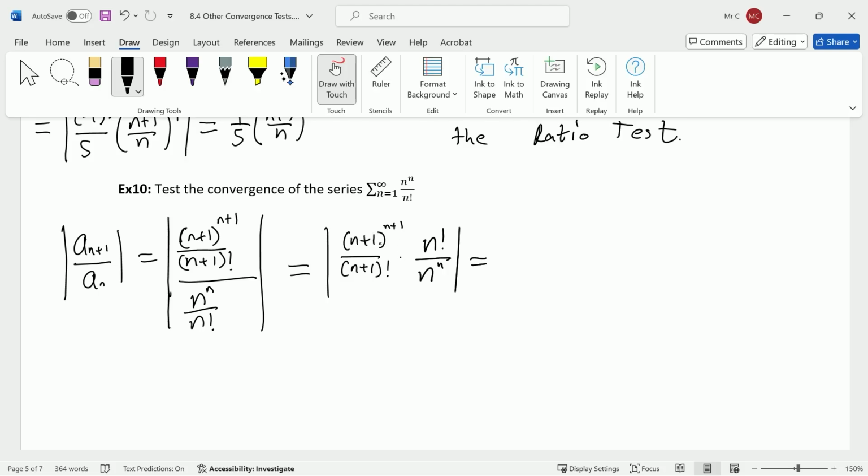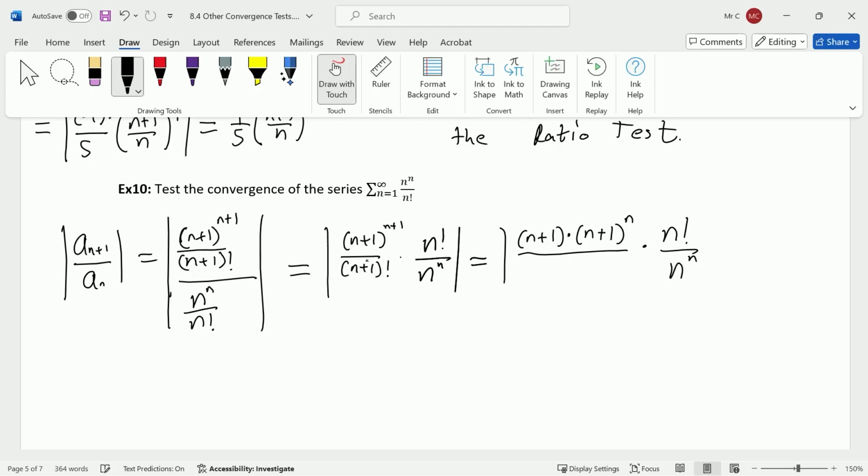I'd like both of these expressions to have the nth power so I can combine them. So this first expression, I'm going to pull a factor of n plus 1 out. So then I get n plus 1 times n plus 1 to the nth power times n factorial over n to the nth power.